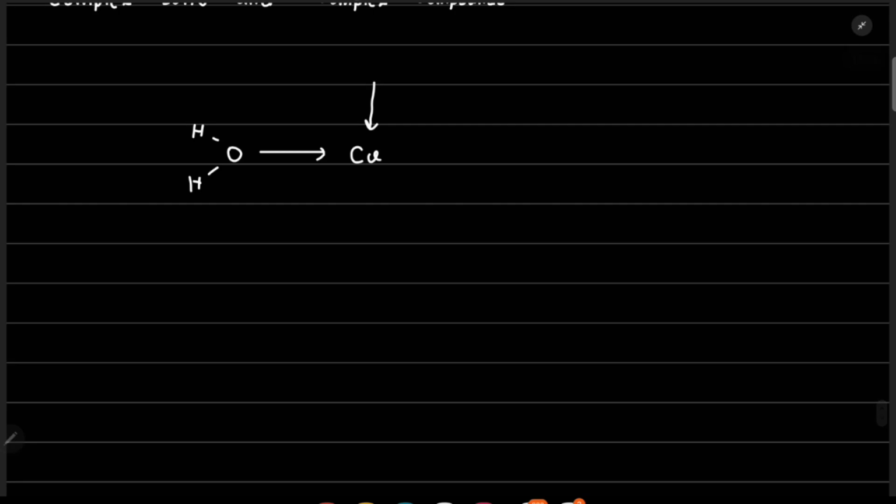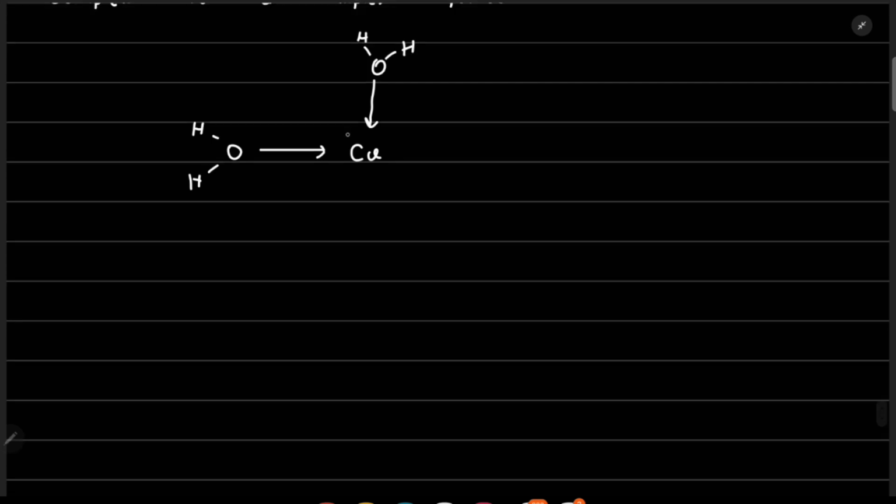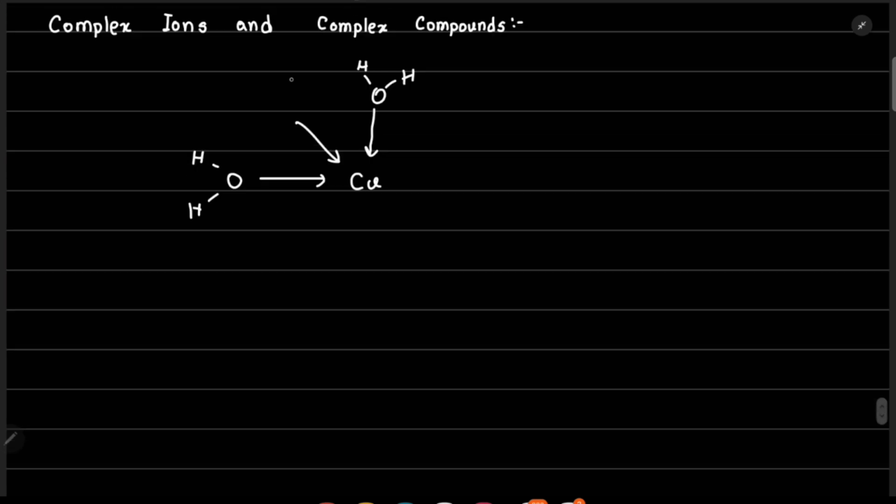So a common complex compound is Cu(H2O)6. So copper connected with 6 molecules of water. All of them are dative covalent bonds. So something like that.